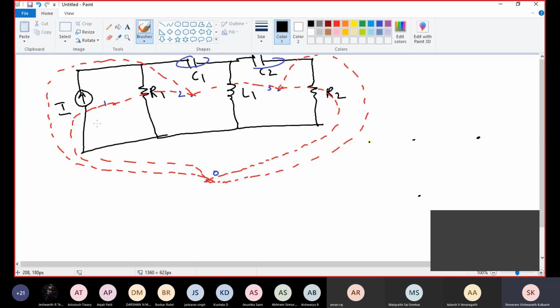Node 1, 2, 3, reference 0. First, I am going to replace that current source with voltage source. Plus minus. Minus is at tail, plus at arrowhead.